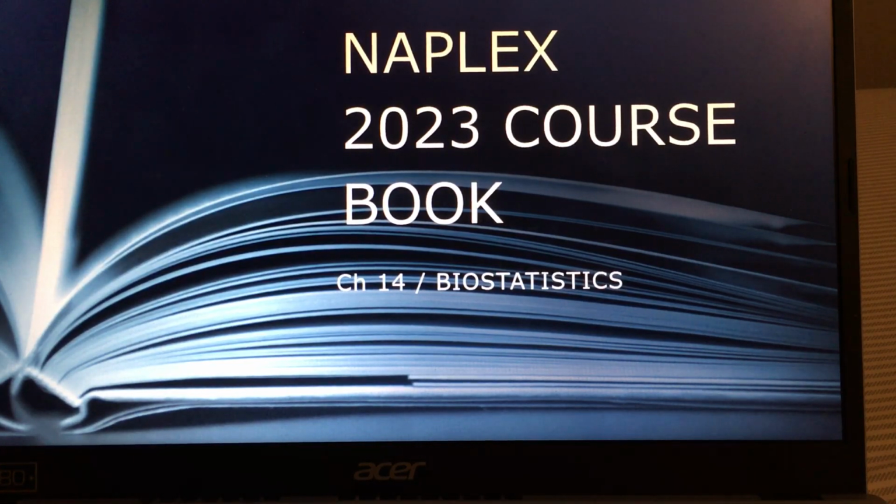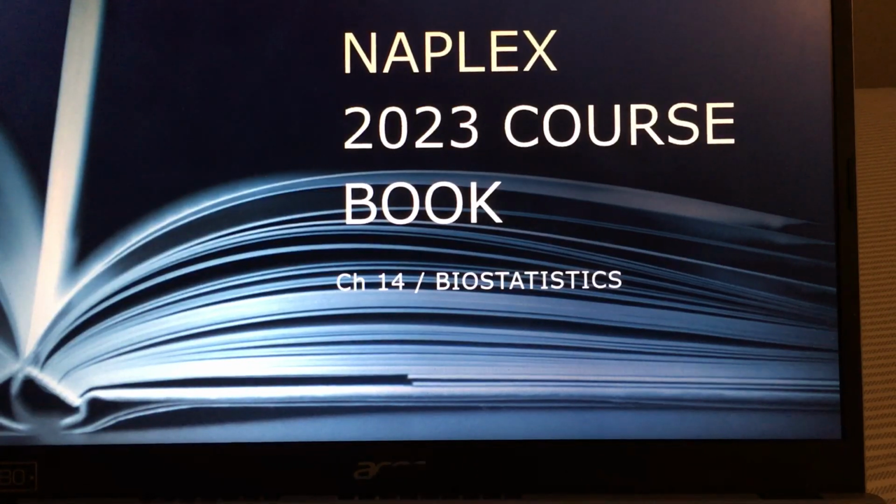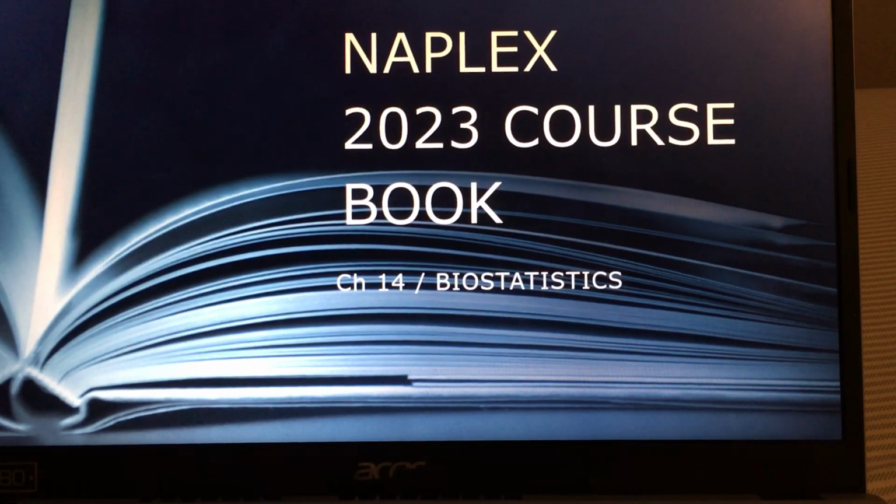So how do we interpret relative risk? If the relative risk equals 1 or 100%, this implies no difference in the risk of the outcomes between groups.